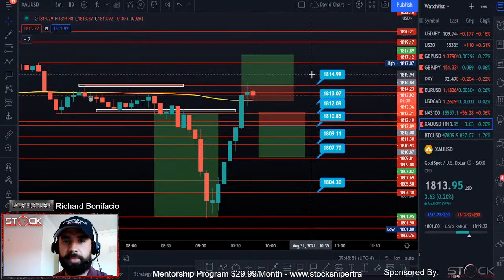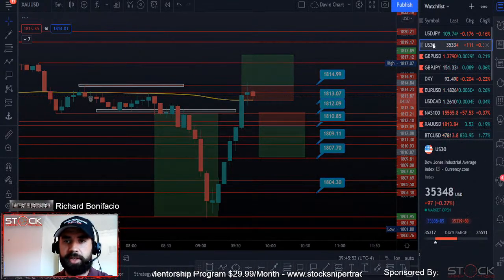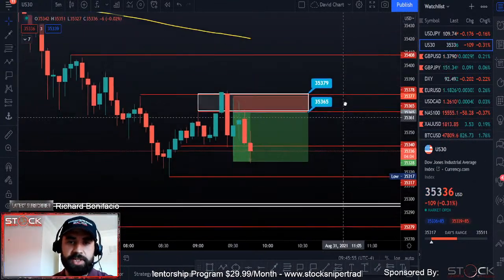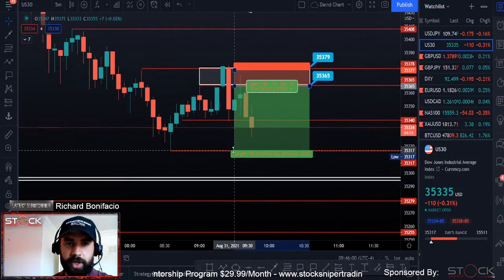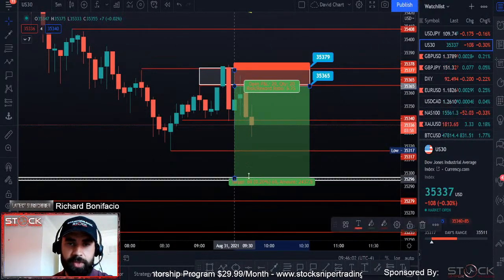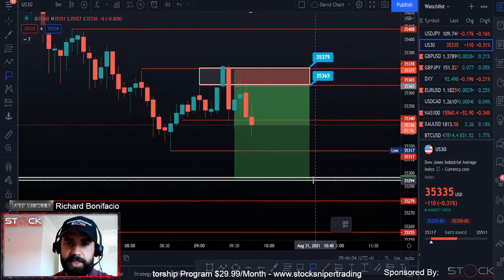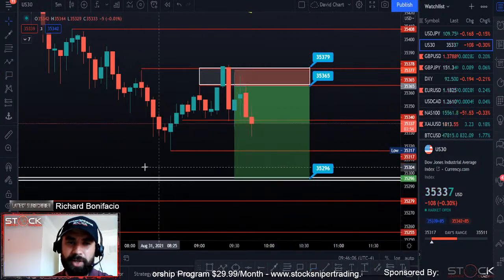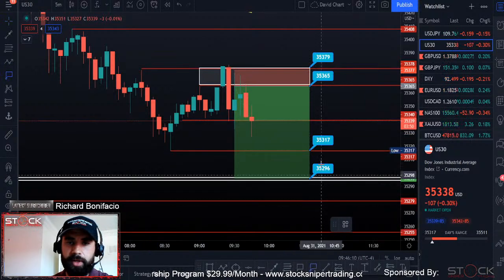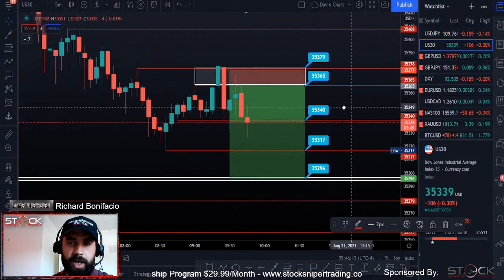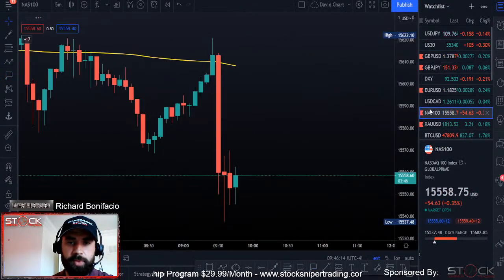This is gold, guys. Keep this in mind. Let's check out US 30 for 1 second. US 30 is still selling off here. Not bad. Next target would be here, and then finally this would be the target down there. This is a zone that has a lot of consolidation to the left. If it just reverses, guys, I'm not going to focus too much on US 30, it didn't have too much momentum there.